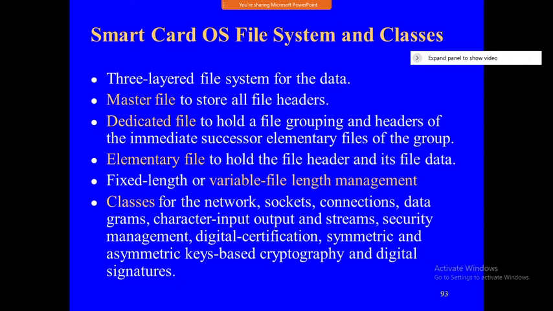First one is the master file, dedicated file, elementary file, and the classes. Master file stores all the headers. Dedicated file, a grouping of the files will be there, and the headers of the next successors. Elementary file is going to hold the file headers and some file data. It is fixed length, and variable length may be manageable.